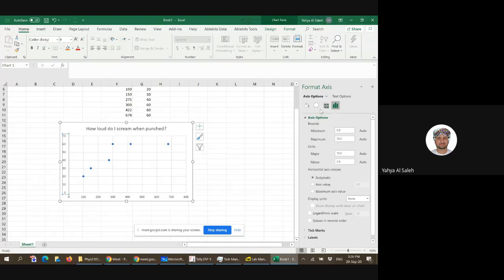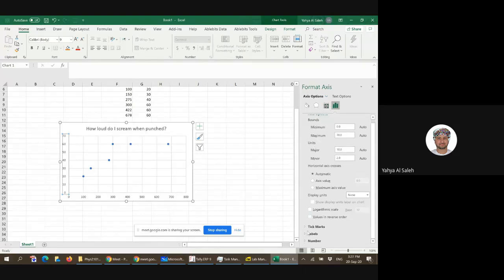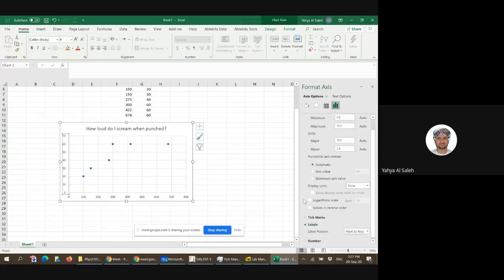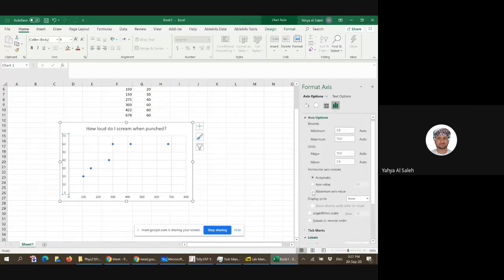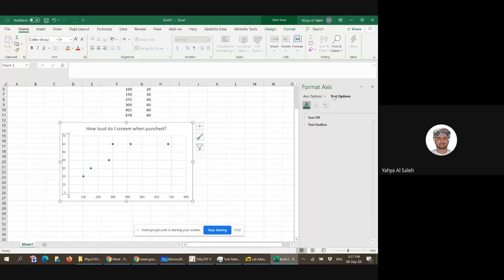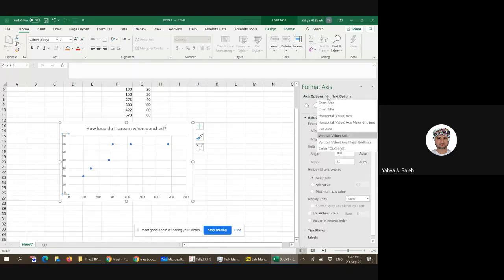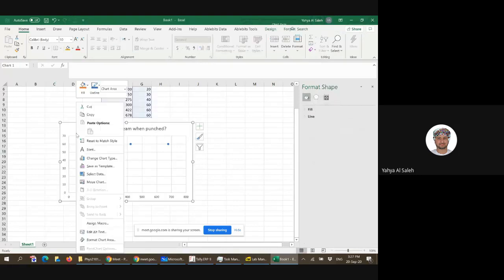Now, if you have the latest version of Microsoft Excel, this will give you some interesting options. I'll go here, labels. Nope, this is not what I need. See, I also need to find it. This is not it.